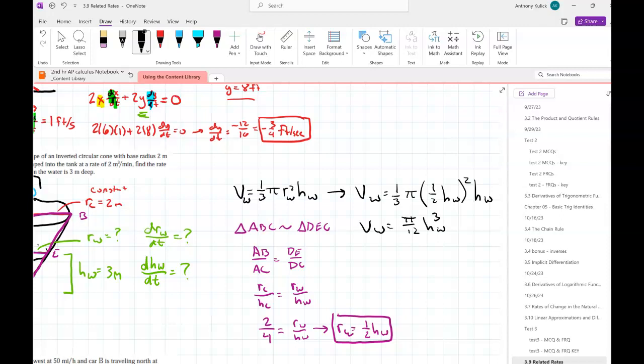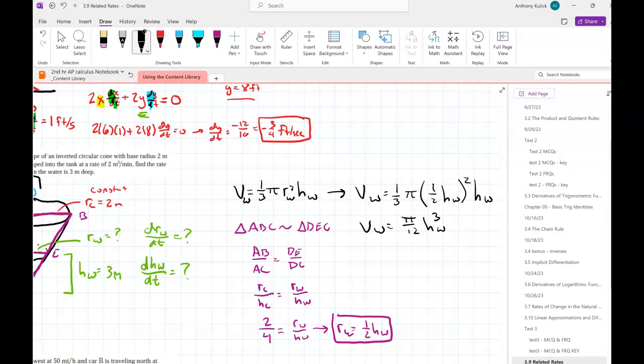Well, they're all HWs. One side over this side, a total of 4, and then you have RW over HW. HW is 3, so you have RW over 3. Well, 2 over 4 reduces to 1/2, and I multiply both sides by HW.